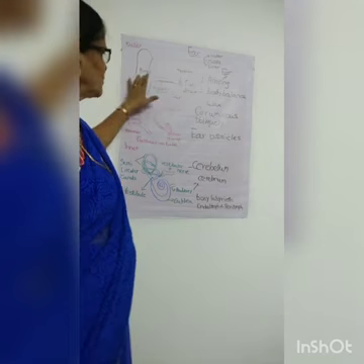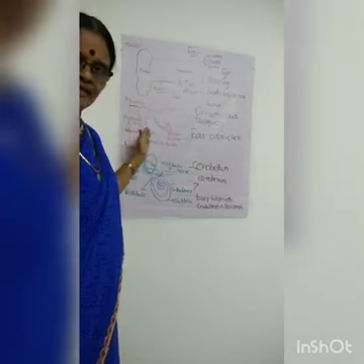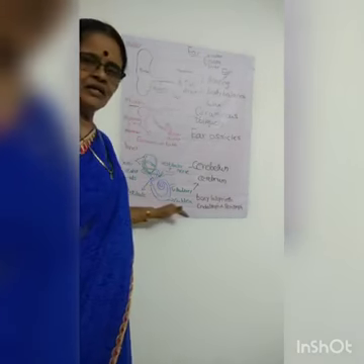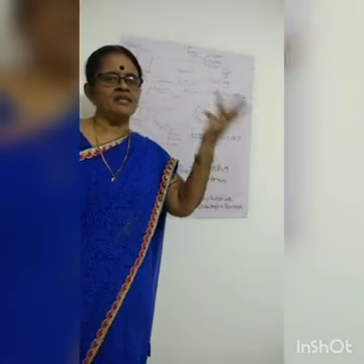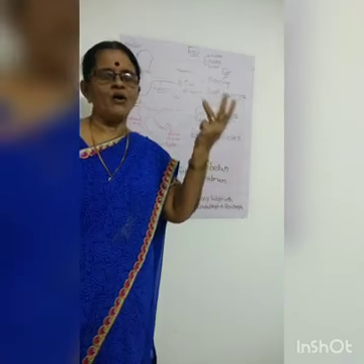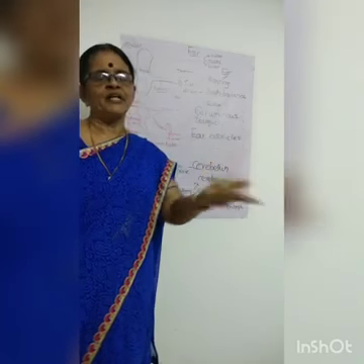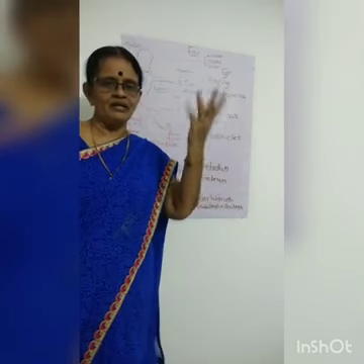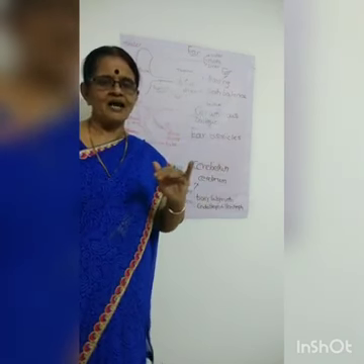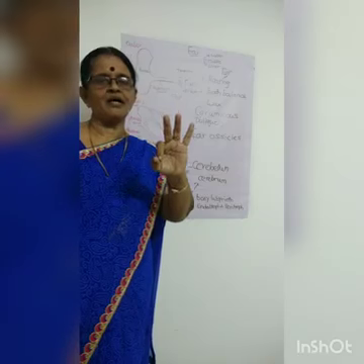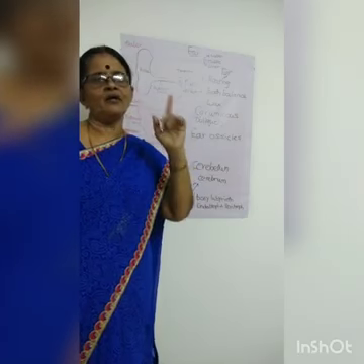So we have the outer ear, we have the middle ear, and we have the inner ear or the internal ear. Now the external ear is having pinna, auditory canal, eardrum. Then the middle ear is having ear ossicles, eustachian tube. Our inner ear is having 3 semicircular canals, vestibule and cochlea.